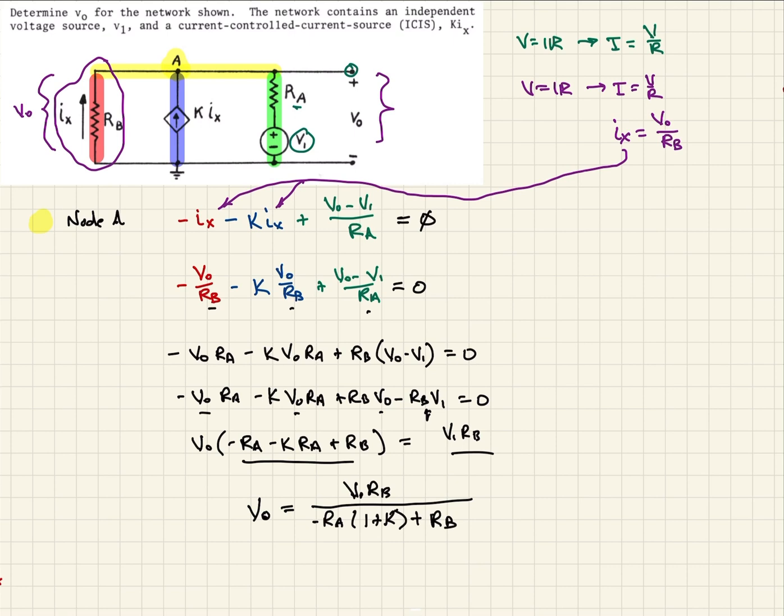So this is our equation for V0, taking into account that we have a dependent current source.